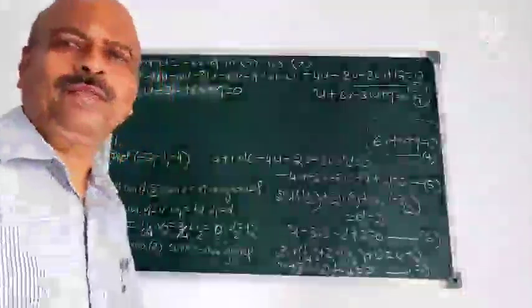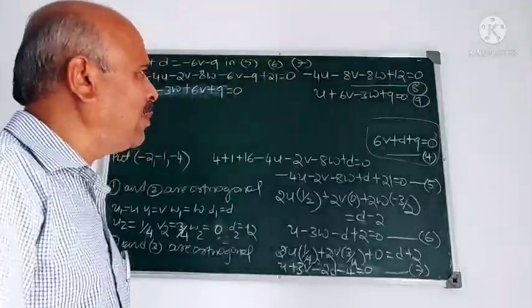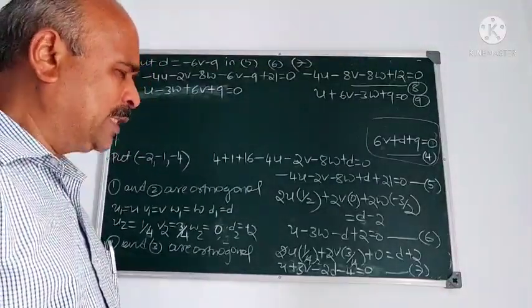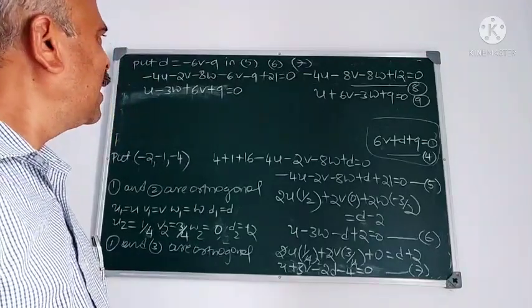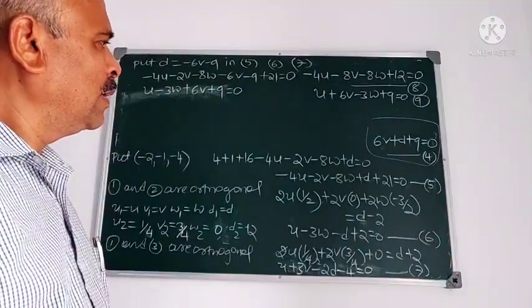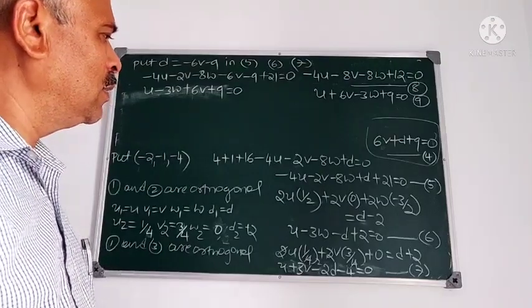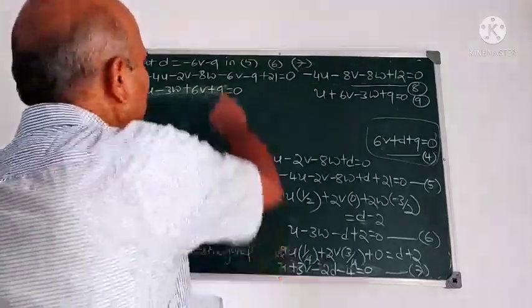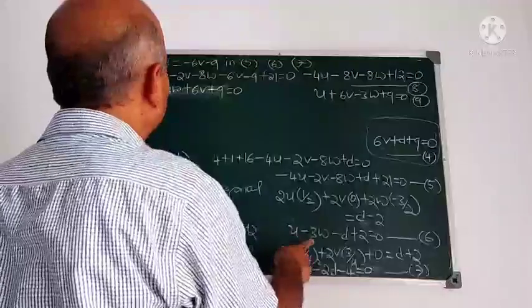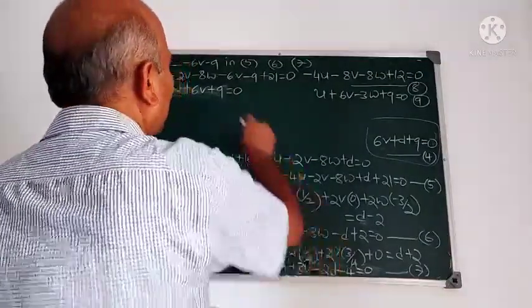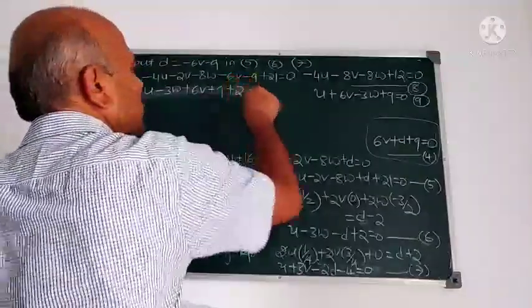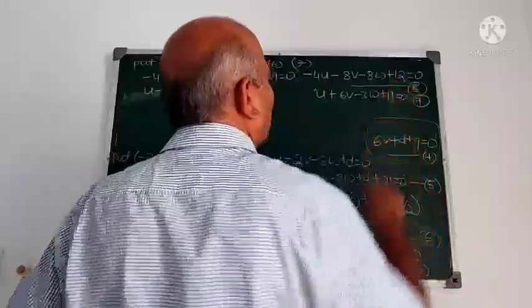This is 9. Am I correct here? u plus 6v minus 3w plus 9, and already plus 2 is there. In 6, u minus 3w minus d, 6v plus 9 plus 2 is there, therefore plus 11 is equal to 0.